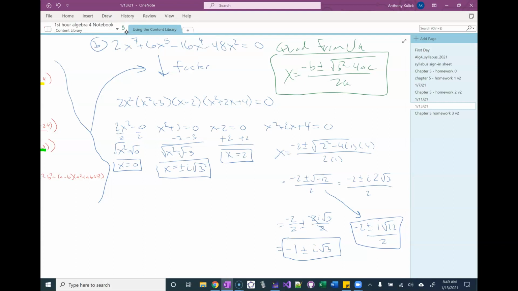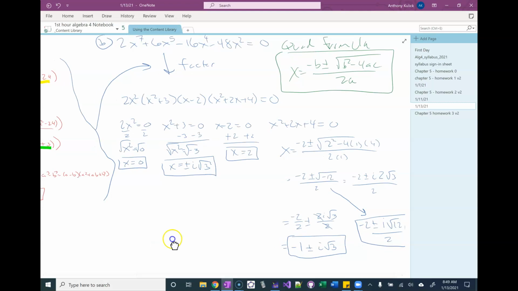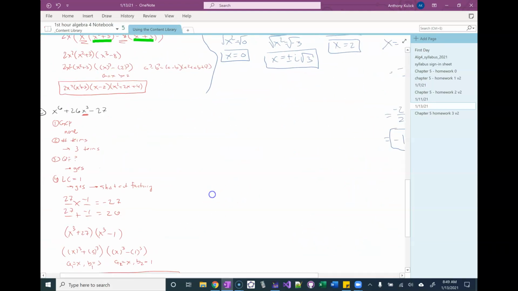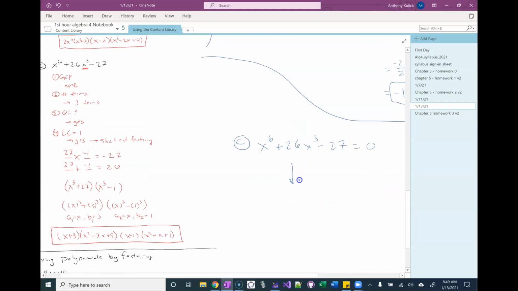Okay. And then we just have the one more example that will turn into a solving problem. That was this one. So again, we factor this, using the work from the previous example.